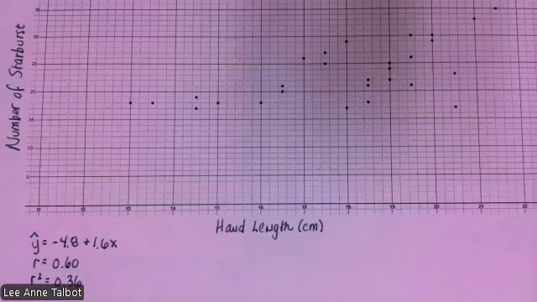This is your hand length and your starburst amount. AP students, please follow directions and write these things down on the graph side of this paper, not the table. Don't worry about the table. We're going to use the table, but that's just your number of starburst.